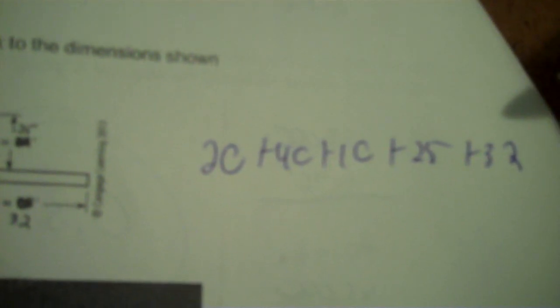So E is 32. Now the total, I think we're going to have to add them up. Okay, so 20 plus 40 plus 10 plus 25 plus 32. 60, 70, 95, 120, 127. Okay, so I divide 32 by 127 and 0.25, round to the nearest tenth.